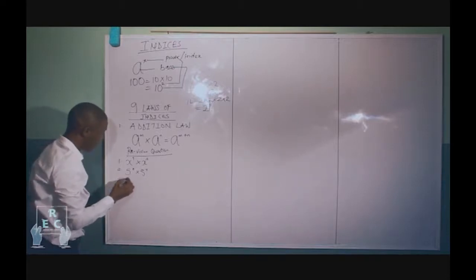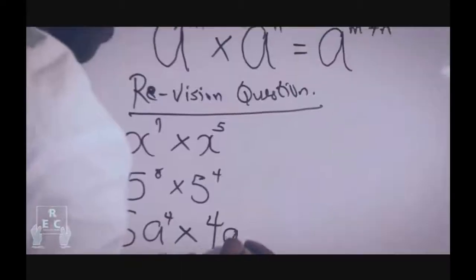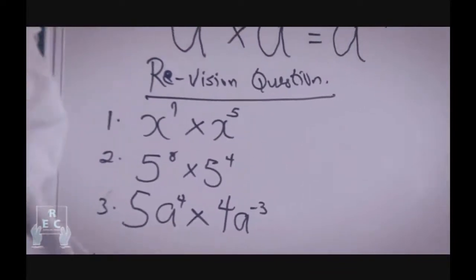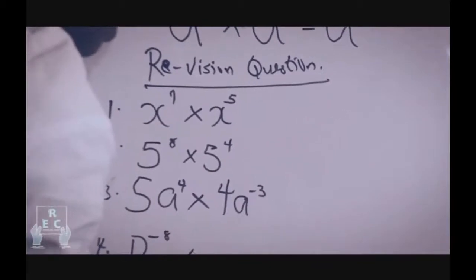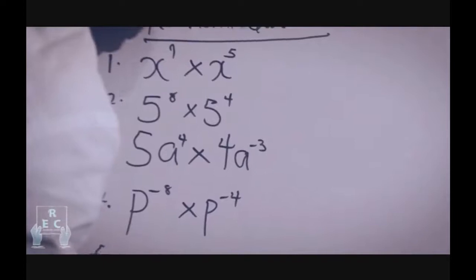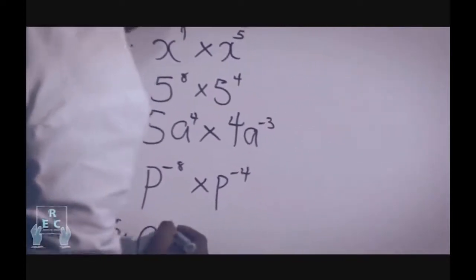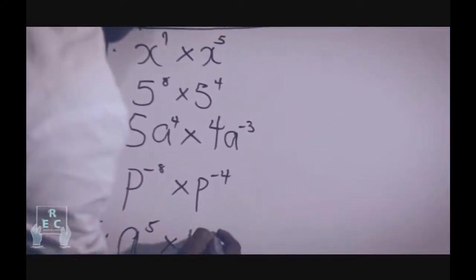We have 5 raised to the power of a, and 4 raised to the power of this. The fourth one is p minus 8 times p minus 4. The fifth one is a raised to the power of 5 multiplied by b raised to the power of 4.